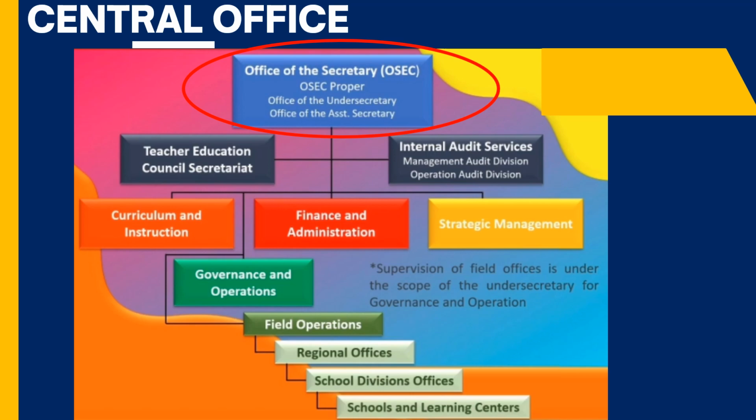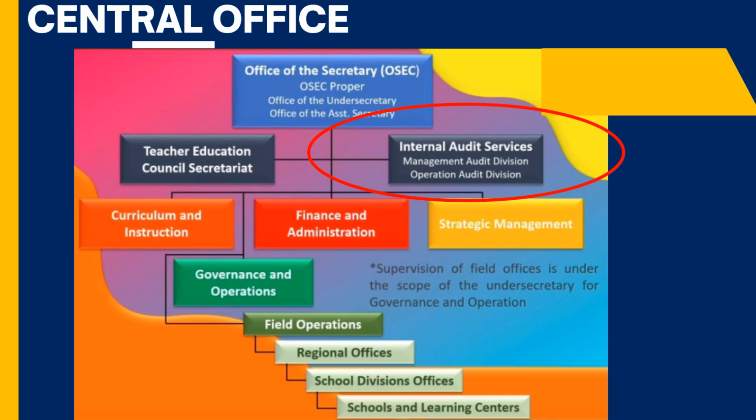It's also to coordinate the programs and projects of the department, and on the basis of an official designation, discharge temporarily the duties of the secretary or undersecretary in case of the latter's inability to discharge his duties or in case of vacancy of the said office.